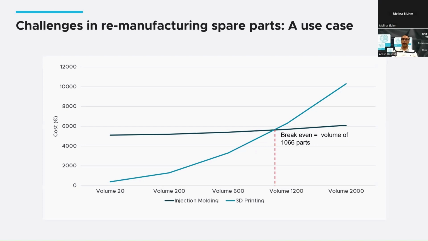But as I already mentioned, the customer needed 250 parts, so it was clear that 3D printing is the production way to go.